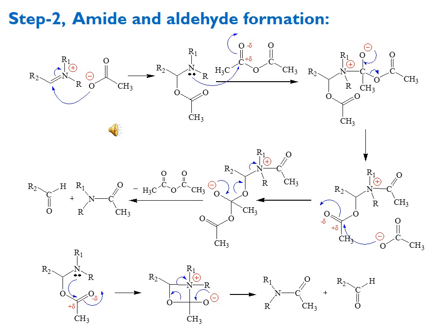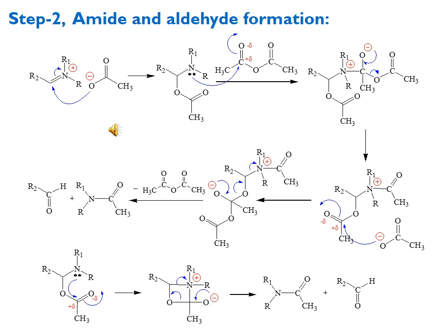This is a concerted mechanism that moves in a similar way. There can be a question: when the oxide ion moves towards this carbon making a double bond, then the carbon-oxygen bond is broken. Why not carbon-nitrogen? If the carbon-nitrogen bond is broken, then we are converted back into the reactant, so there will be no progress of the reaction.